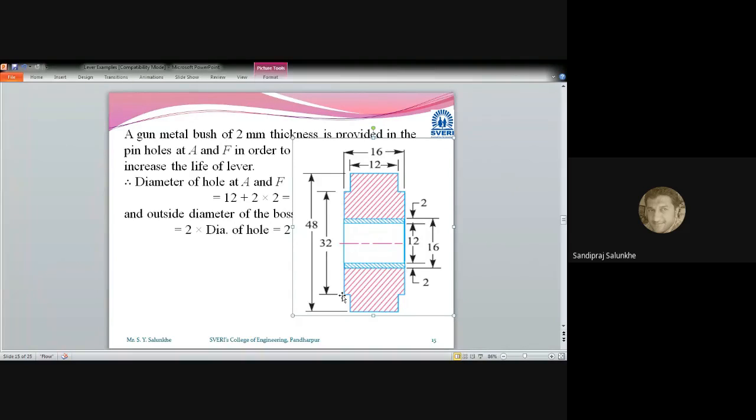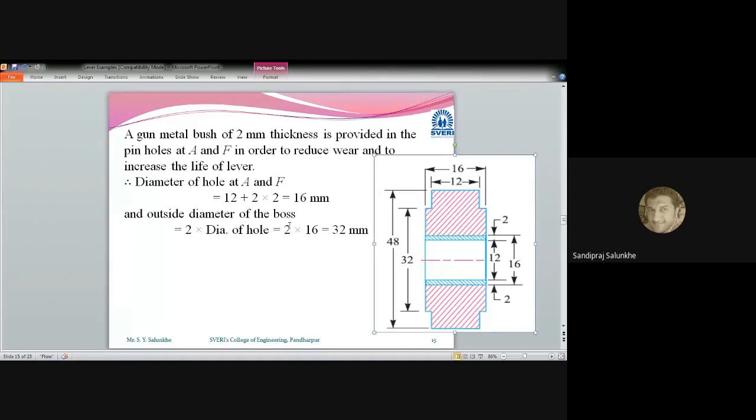Now we are going to consider the diameter of that boss. Boss means that area which we have increased on that plate, and that is equal to 2 times the diameter of hole. Basically, we'll consider it as 32. Now don't concentrate on this 48 or this 12.